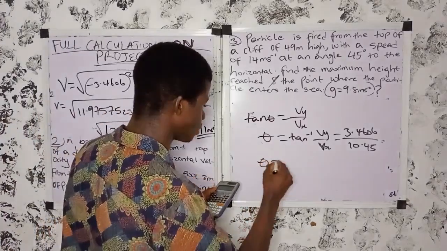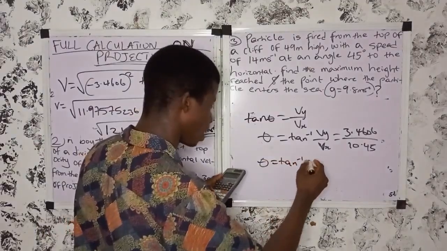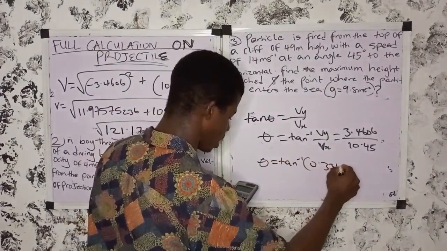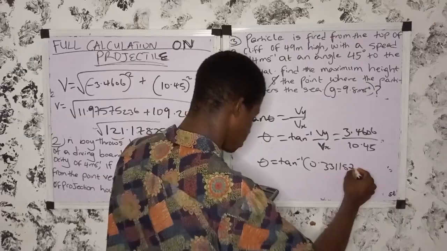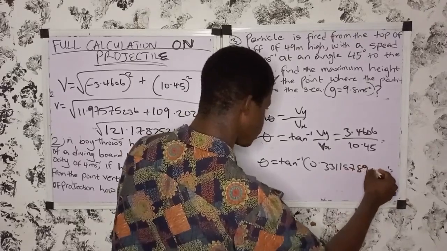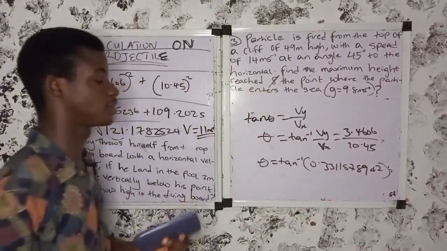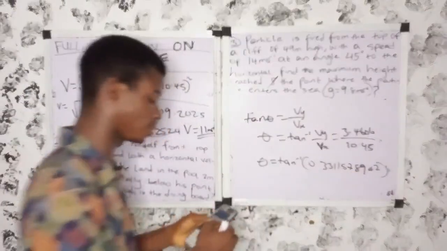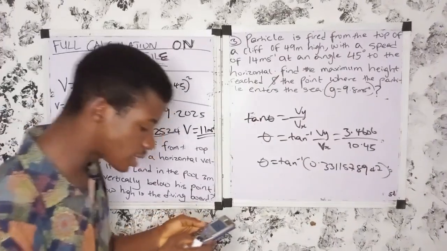When we divide them, we got 0.33115784947. So let's take the inverse tan of this value.